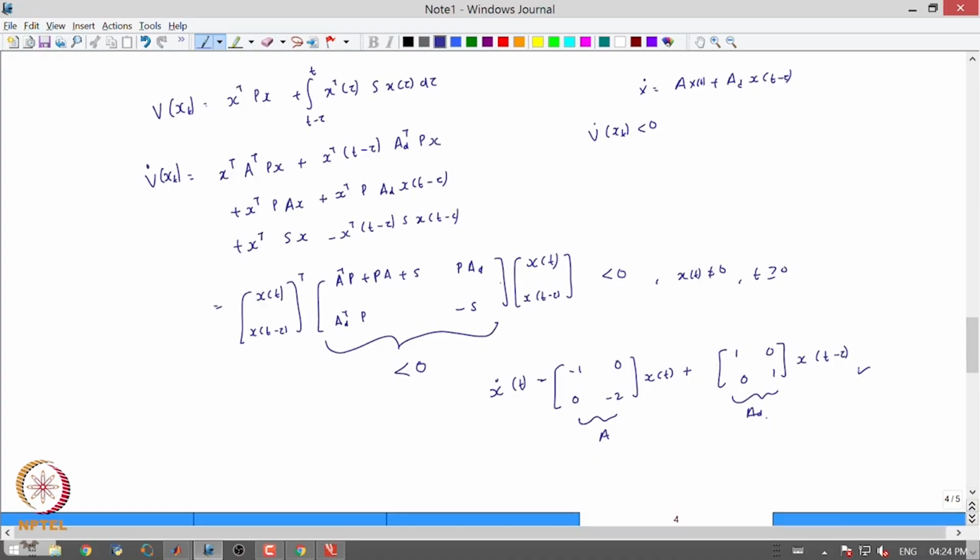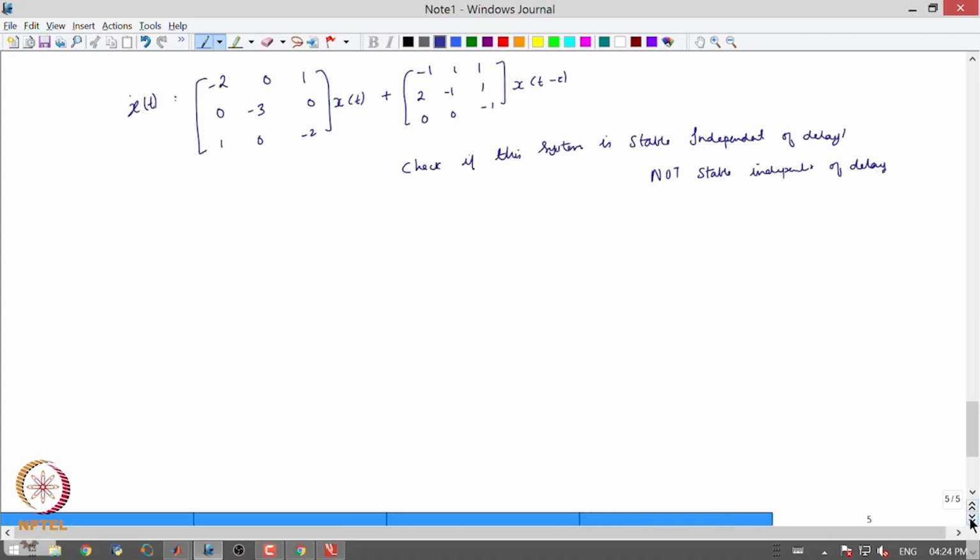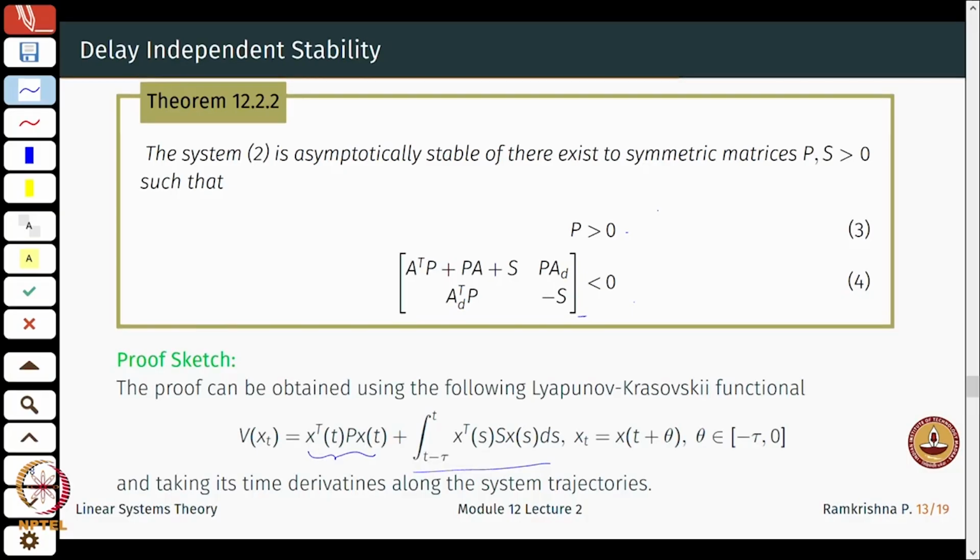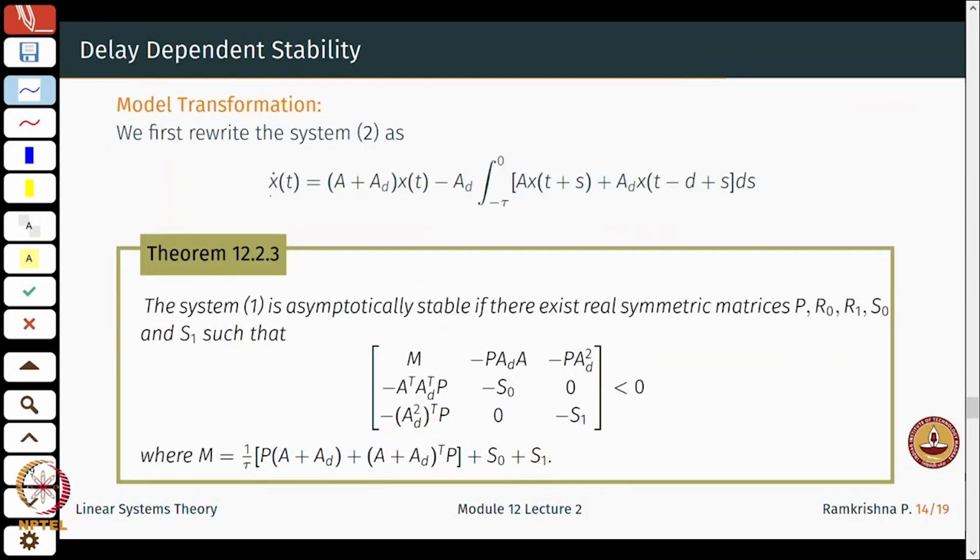Okay. Now, the next question that we will ask is, is it stable, say, maybe for some small delays? And then we ask the question, how small? Okay. So, let us see if there are results which tell us that. So, for delay dependent stability, I do some model transformation.